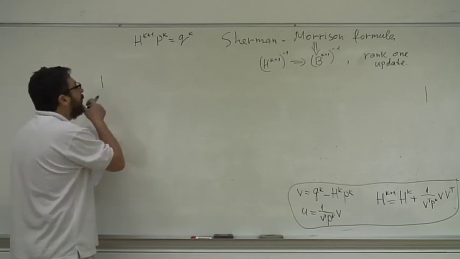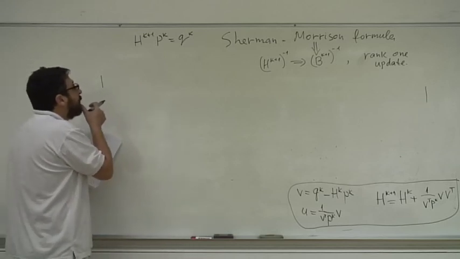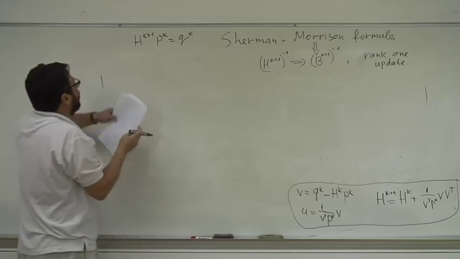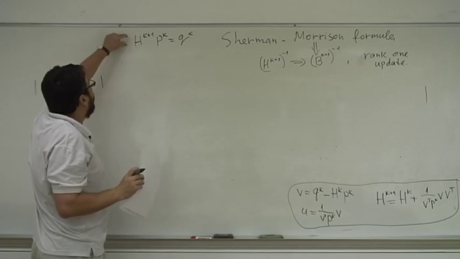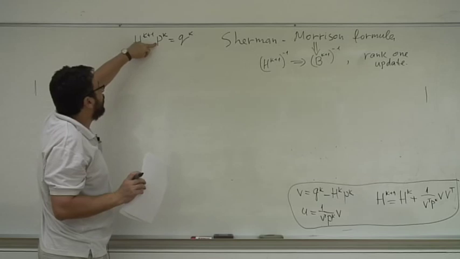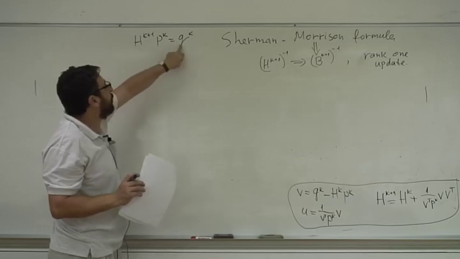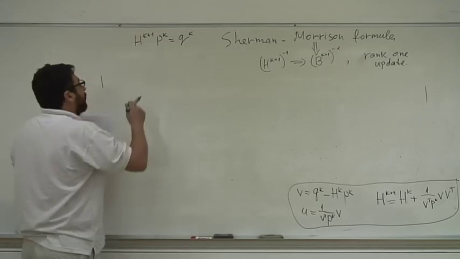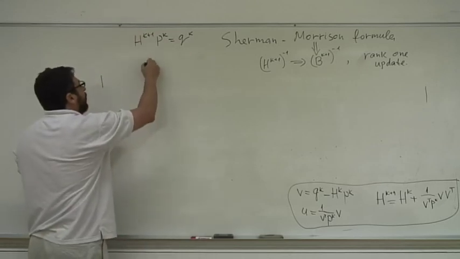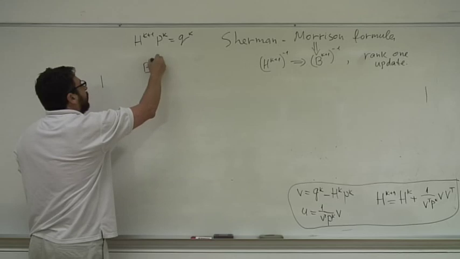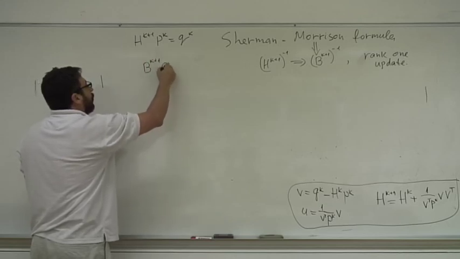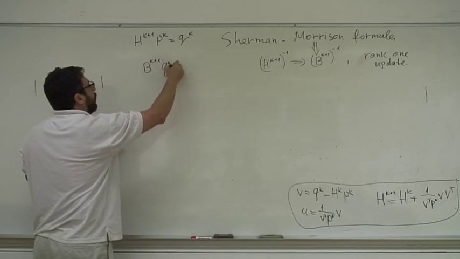If B is our inverse, let's think we multiply by the inverse of H. So we get PK is inverse multiplied by Q, if I multiply by the same inverse. So the inverse I denote as BK plus 1 multiplied by QK is equal to PK.